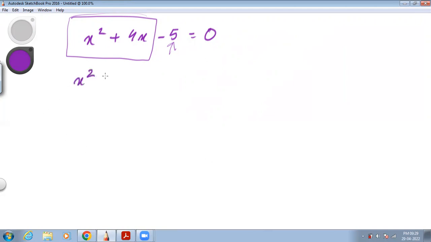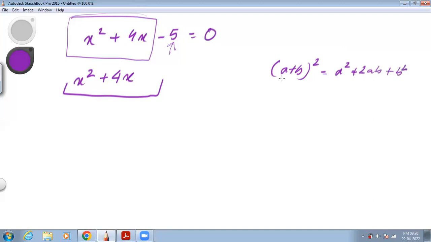Let me just do it and then you'll understand better. Usually to convert this into a squared identity, we need to convert it in this form, a plus b whole square. So a plus b whole square you only get when this is in this form, a square plus twice ab plus b square, right? So minus 5 here it is equals to 0.